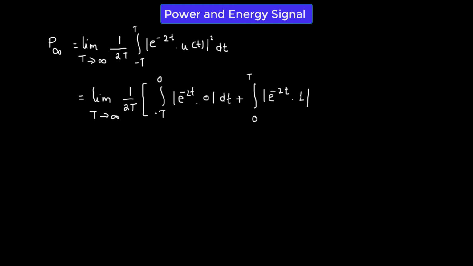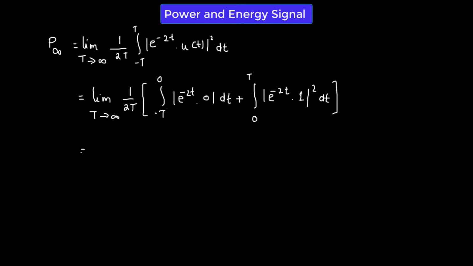Now we have the value of u of t equal to 1 because, as per definition, it has a value of 1 when t runs from 0 to infinity. We're considering t going to infinity, so that's why the step function is assuming the value 1, squared, dt.